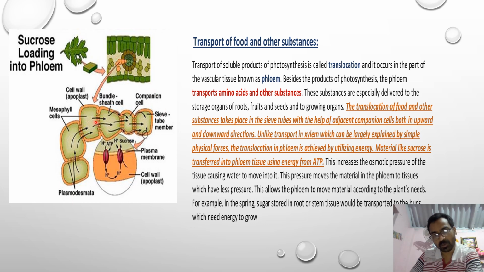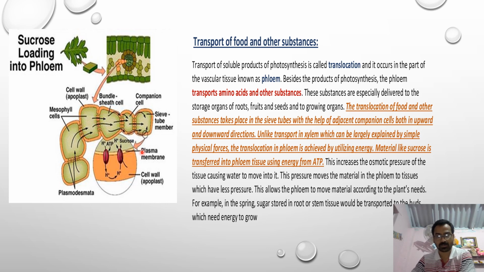Now these sieve tube elements have associated cells like companion cells, parenchyma cells, and fiber cells. As the sieve tube element itself becomes a sink, it will transfer its sugar molecules to adjoining cells like parenchyma, fiber, or the companion cell. The new cells which have taken the sugar solution from the sieve tube element again become the source for those cells which do not have sugar solution in them, so they will transfer their sugar solution to the nearby cells.